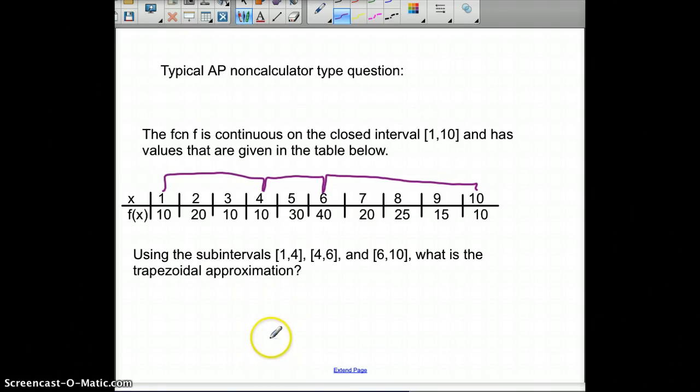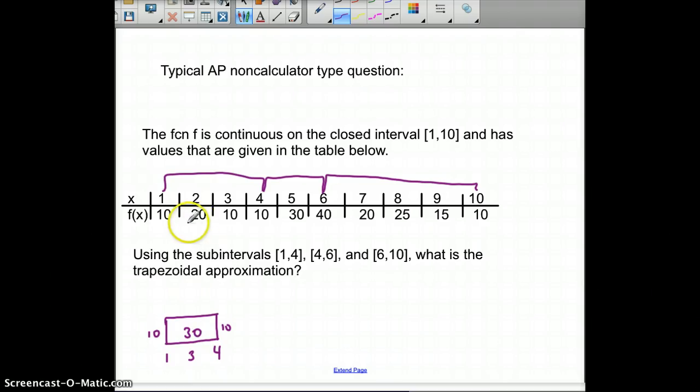So they expect you to know that you need to make a trapezoid out of each of these regions. So thinking about our trapezoid from 1 to 4, the y value here is 10 and the y value for 4 is 10. So that's not even a trapezoid there. So what's the area of that, quote, trapezoid? It would be, the width is 3, so the area would be 30.